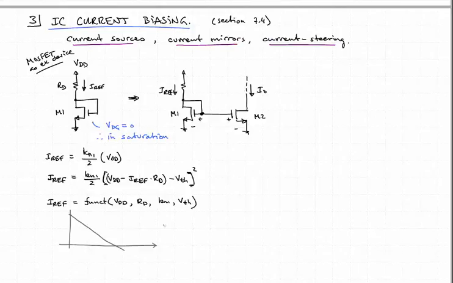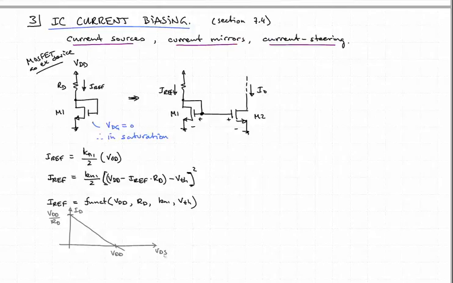If we draw a load line, and we have on the vertical, current, our load line would have a y-intercept of VDD over RD, and then it would have an x-intercept of VDD.